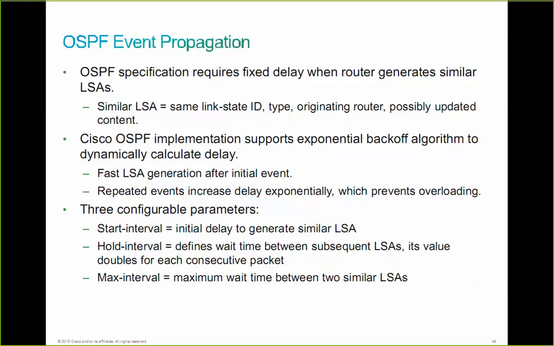Now, what you decide to set as an optimal value depends on the network itself. If you tune these timers too aggressively, you're going to get excessive CPU load during the reconvergence process, especially if the network is unstable for a period of time.